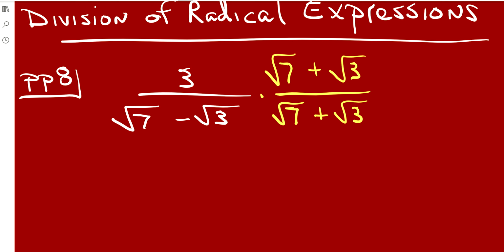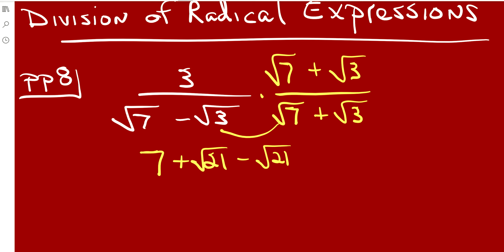All right, so what's going to happen here is what happened in our last example. Watch. Square root of 7 times the square root of 7 is 7. Outside and inside, they're going to end up canceling. So here I've got positive square root of 21, and then the inside here is negative square root of 21.